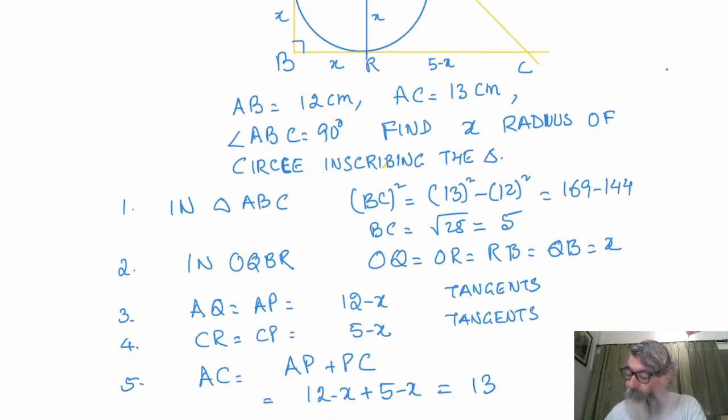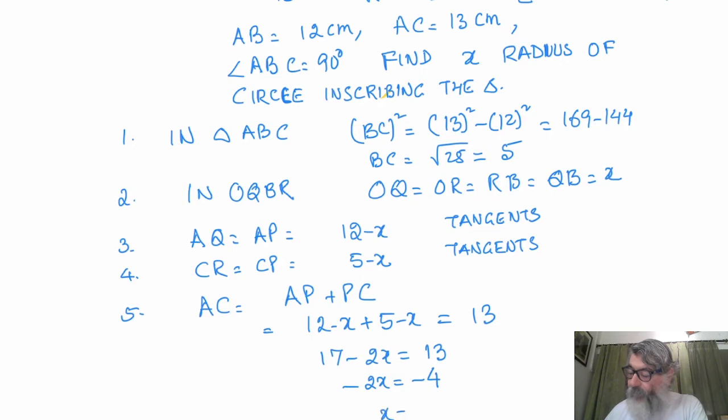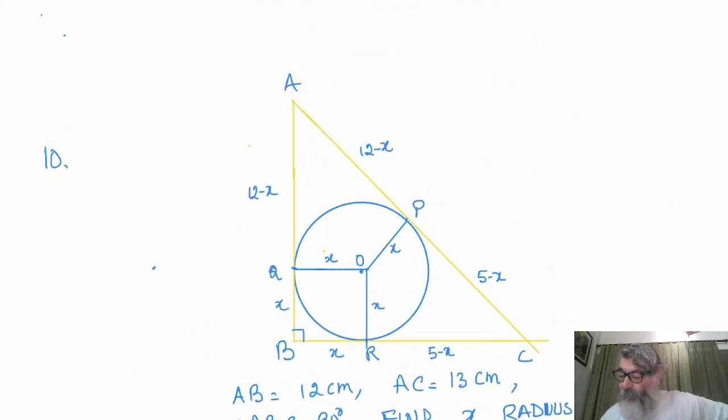So 12 plus 5, 17 minus 2x is equal to 13. Minus 2x will be minus 4. 13 minus 17 will be minus 4, so x will be equal to 2 centimeter. That is the radius of the circle.